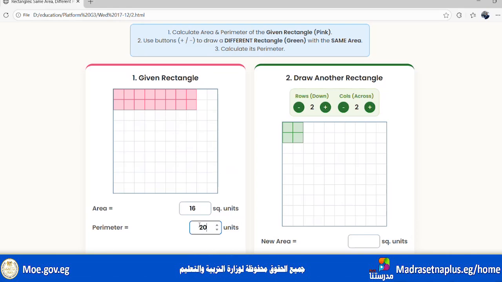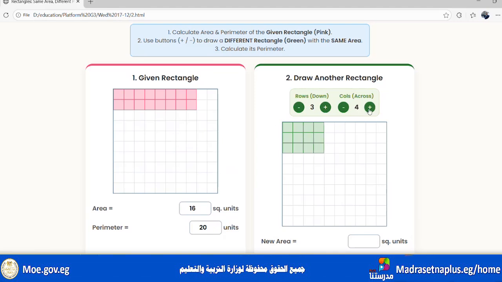Now let's draw a green rectangle with the same area. Area is 16 square units. Let's draw a rectangle with 16 square units area and count or calculate its perimeter. Now let's draw by increasing rows or columns.